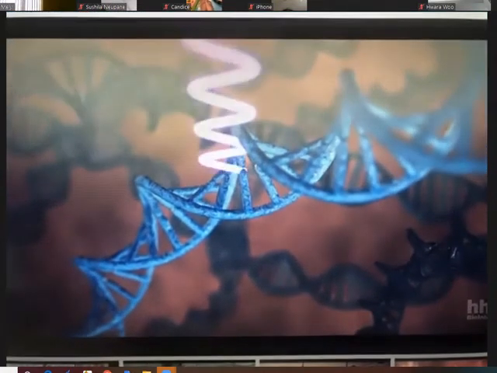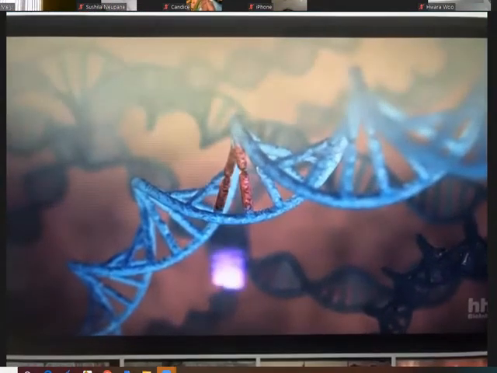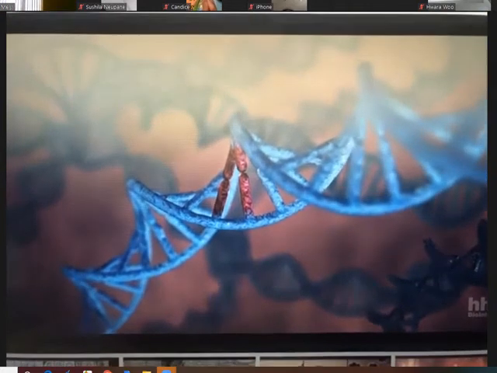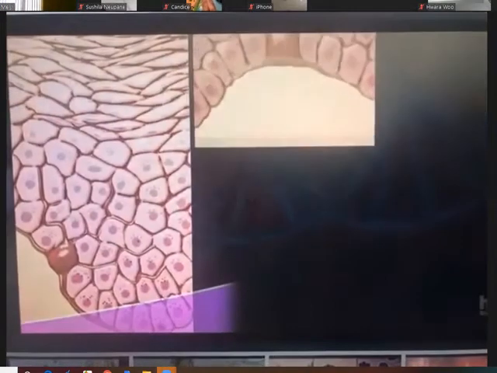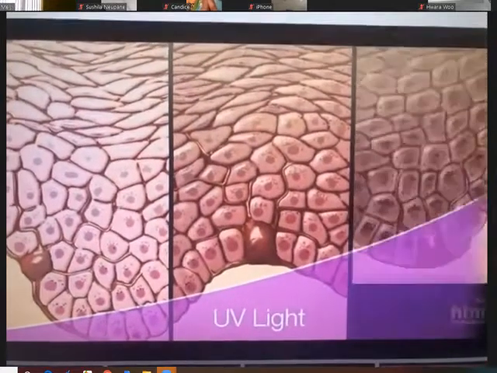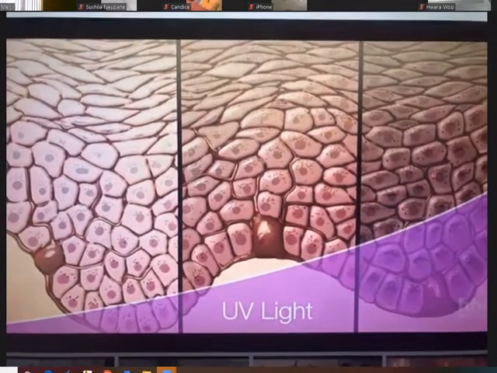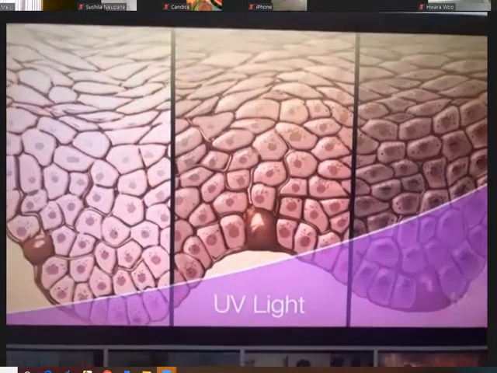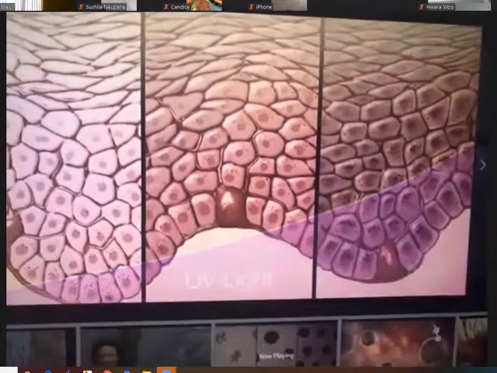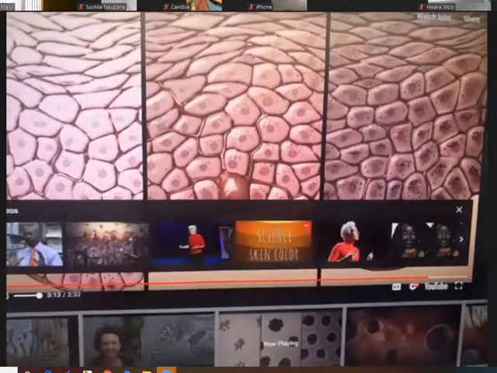Ultraviolet radiation can cause mutations in DNA that can lead to cancer. When ultraviolet radiation increases, melanin production increases, and more melanosomes are delivered to keratinocytes. Most people can adjust to greater exposure to the sun.